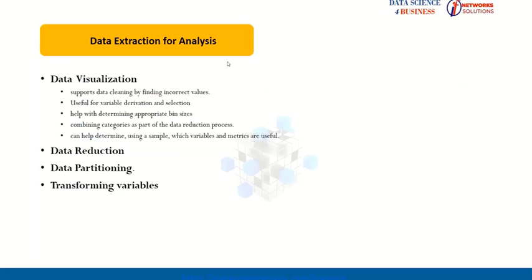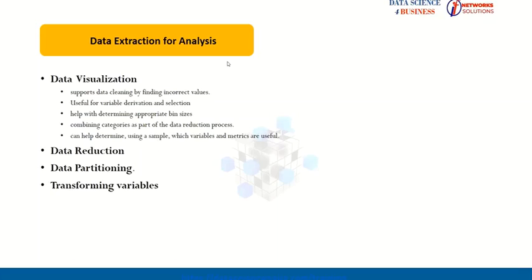Then you might also want to visualize to reduce some of the attributes that you are using, because if the attributes are too many, some models might not do very well. Then that brings us to data reduction. So there are also some techniques that you can use to reduce the attributes that you are going to be using for your data analysis.